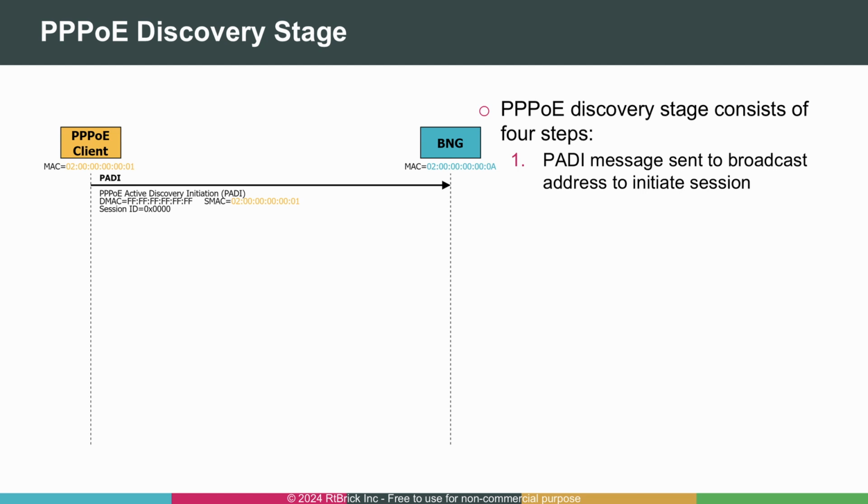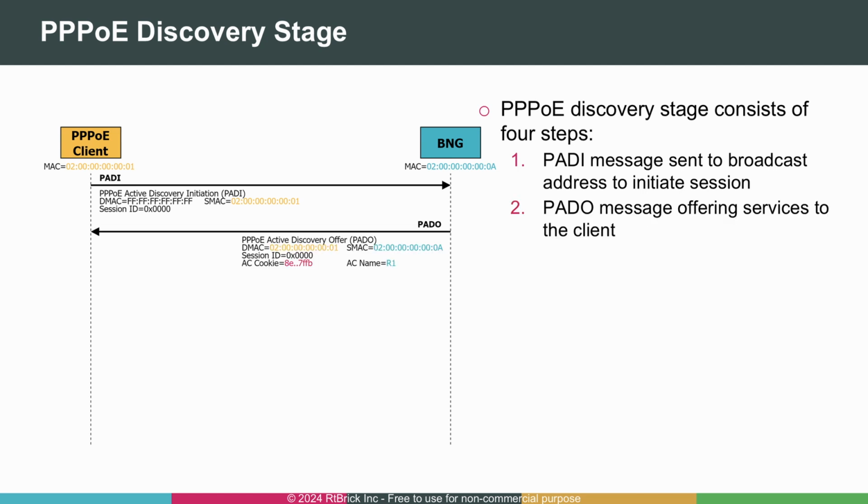The PADI packet is sent to the Layer 2 broadcast address, and if multiple BNGs are connected to the Ethernet aggregation network, they will all receive the PADI packet. When a BNG receives the PADI packet with a service request, it responds by sending an active discovery offer, PADO, packet to the PPPoE client's MAC unicast address.